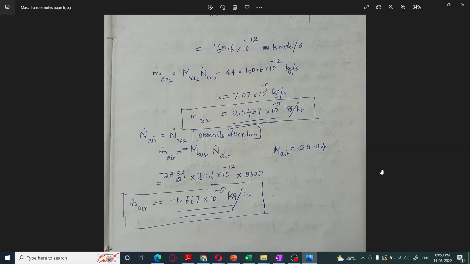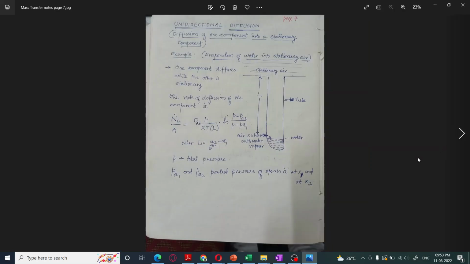Now there is another type of diffusion in which a particular component will be diffused into another component which is stationary. The other component will not be diffused back into this one. Let's assume the case where we have water taken at the bottom of a test tube.